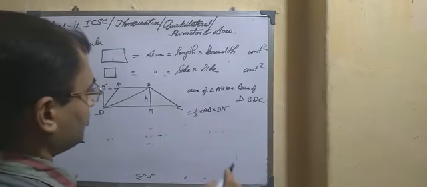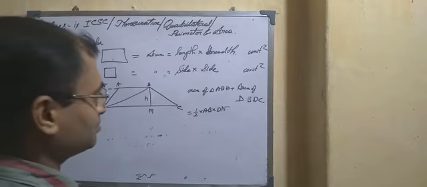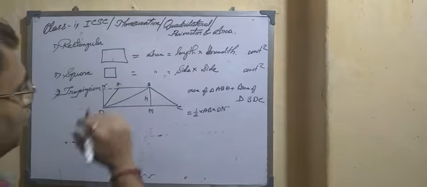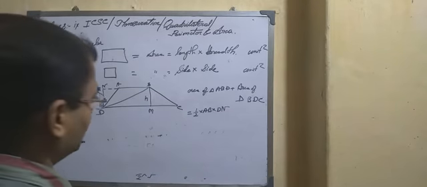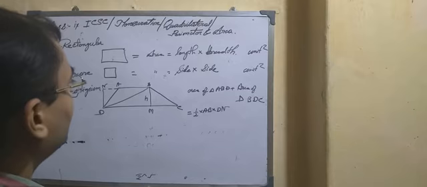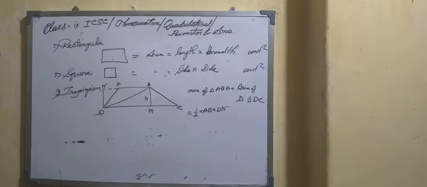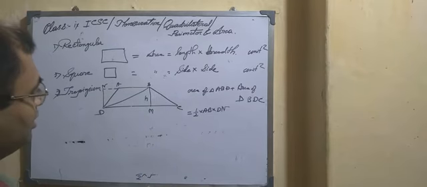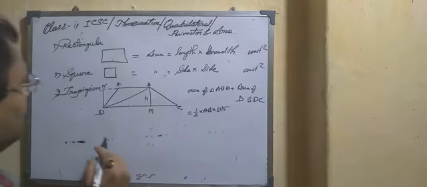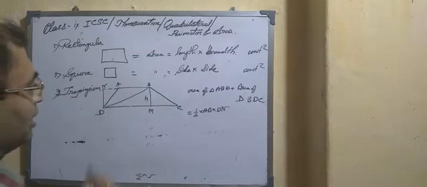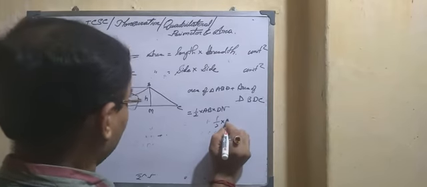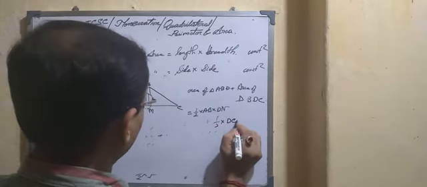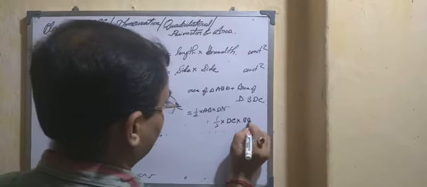We know the definition of a trapezium: one pair of lines is parallel and the other is not parallel. So this kind of quadrilateral is called a trapezium. That means AB is parallel to DC, and the other sides are not parallel. Plus half into base DC into BM.